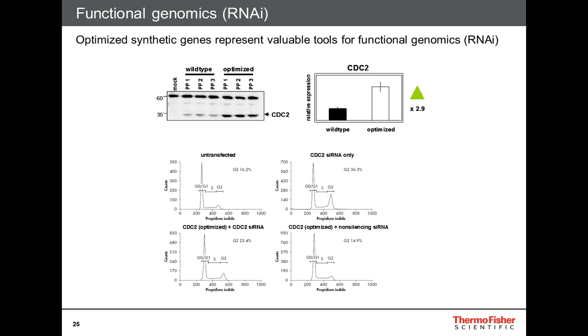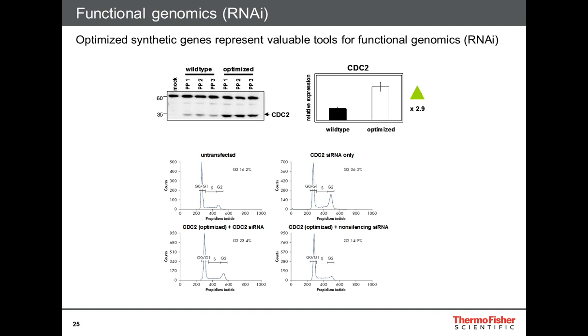Another interesting thing that you can do with optimized genes. Now, the optimized gene has a different sequence than the wild type gene. That means that the optimized gene will react differently to an siRNA than the wild type gene. So if you design an siRNA against the wild type gene, you can design the optimized gene in a way that the siRNA will not silence it. And we did this with cyclin-dependent kinase 2, which is a cell cycle regulator.